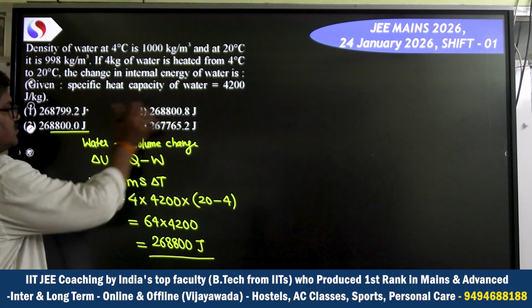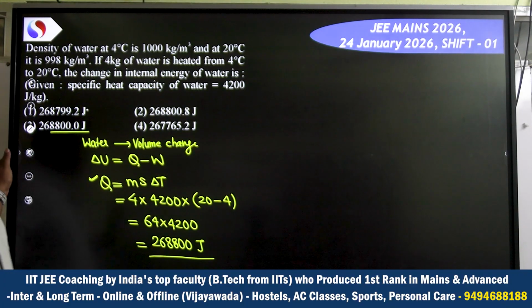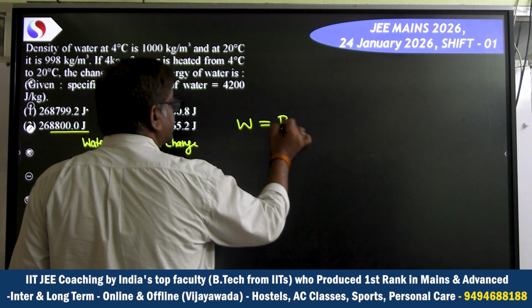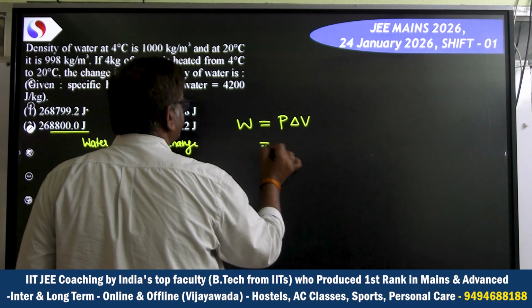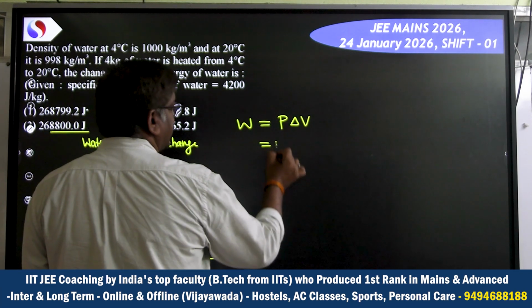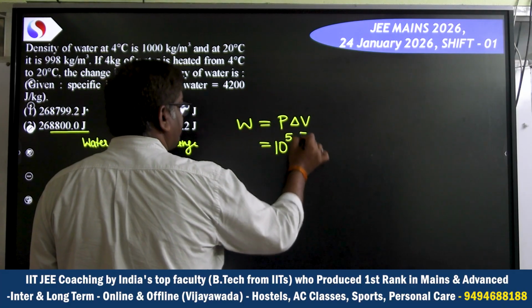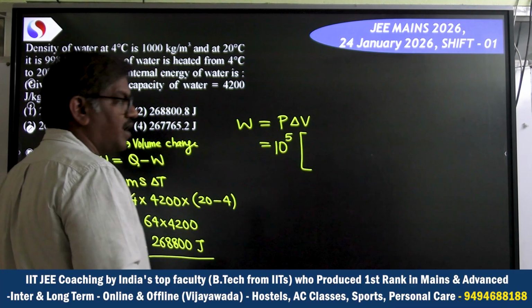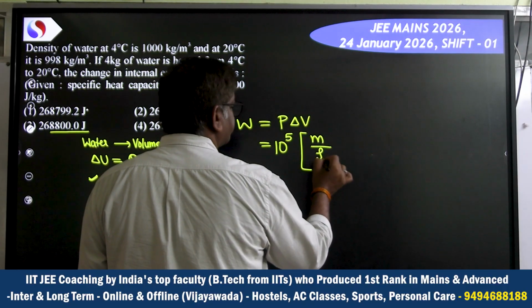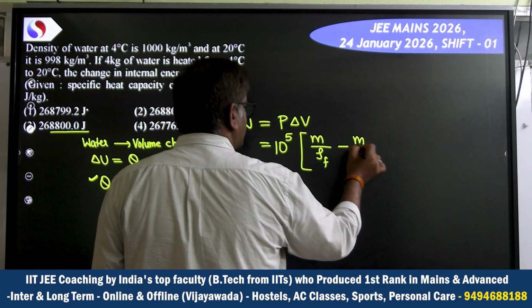Since the values are so close, we are also going with the work. And for work, it is P delta V. Pressure is the atmospheric pressure, that is 10 to the power 5. And for the volume change, I am taking M by final density minus M upon initial density.